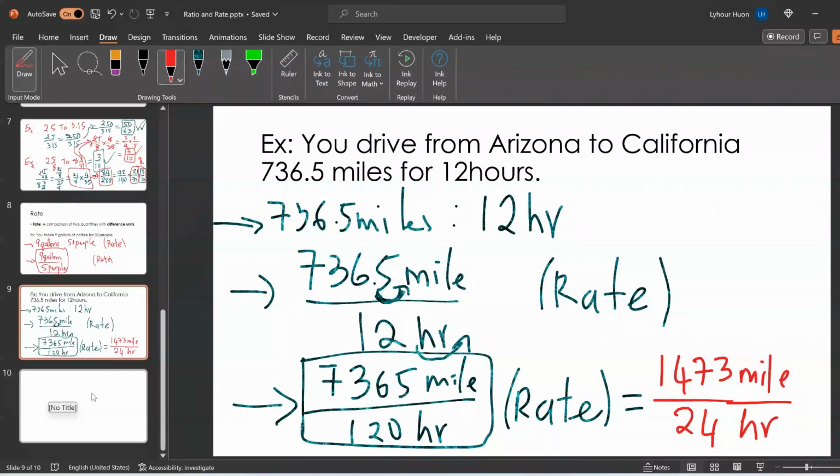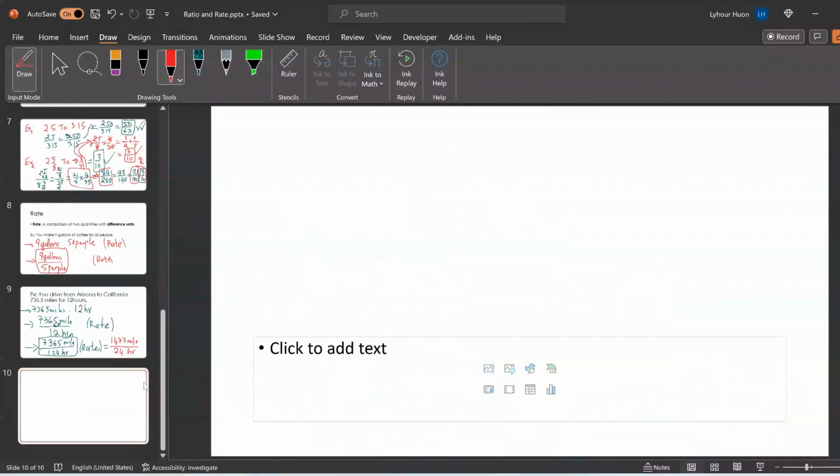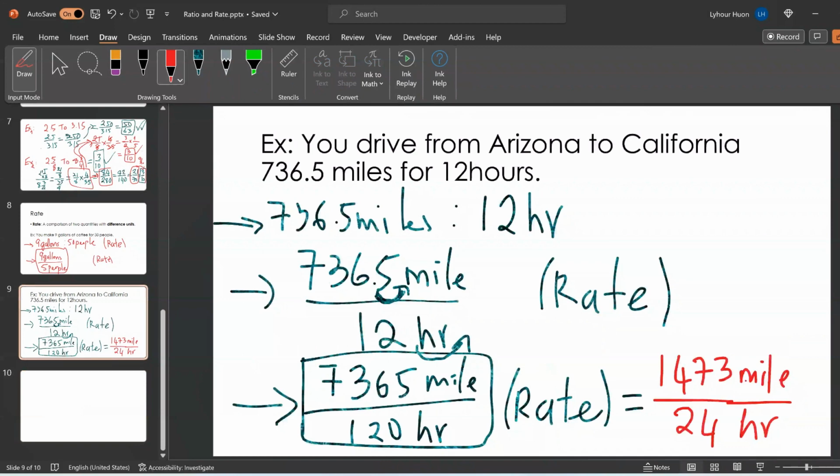Okay, never mind. I don't know what we can simplify with. Simplify with the 3. Oh my god, you're right. But how can we figure out these numbers are divisible by 3?